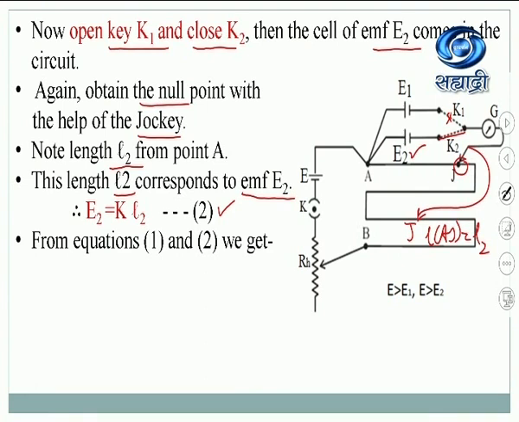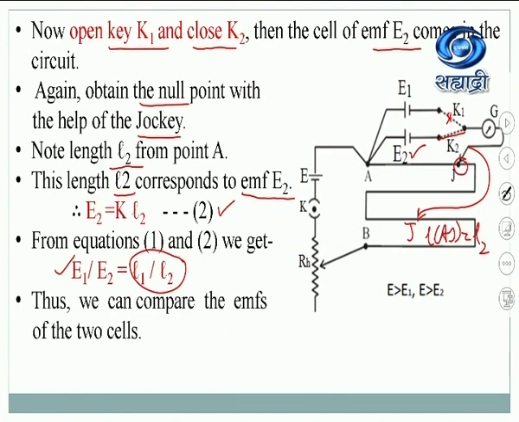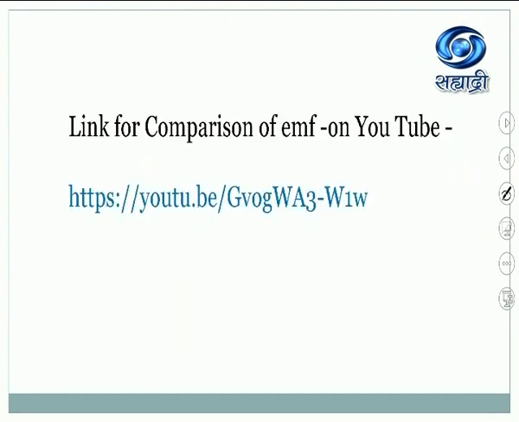When we compare the equations, E1 by E2 equals L1 by L2, as the constant K cancels. L1 and L2 are known to us. So by knowing L1 and L2, we can compare the EMF of the two cells by connecting the two cells separately. Remember this formula, which is used to compare the EMF of two cells.